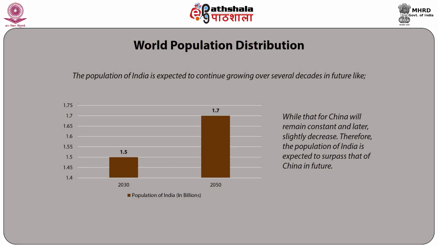The population of India is expected to continue growing over several decades, reaching 1.5 billion by 2030 and 1.7 billion in 2050, while that of China will remain constant and later slightly decrease. Therefore, the population of India is expected to surpass that of China in the future.